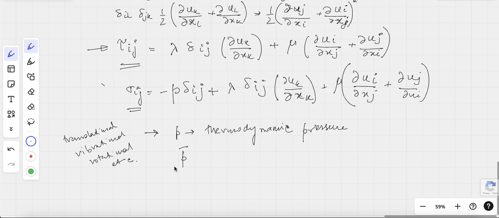There is another pressure called mechanical pressure, which is the resultant of only translation. This arises because of only translational motion. This is given as sigma 11, the normal stresses.